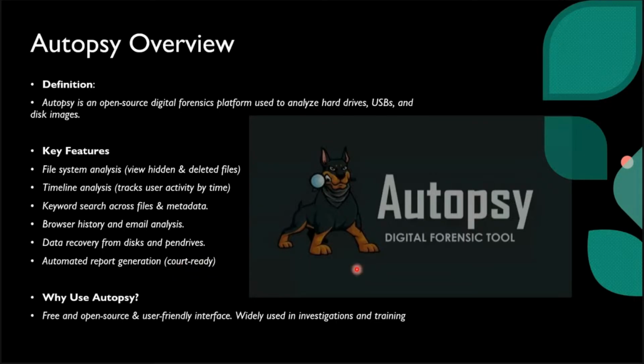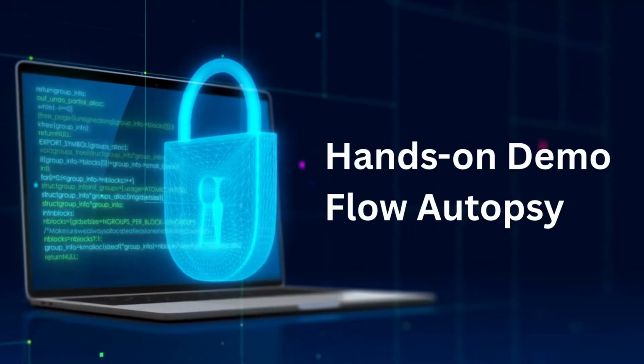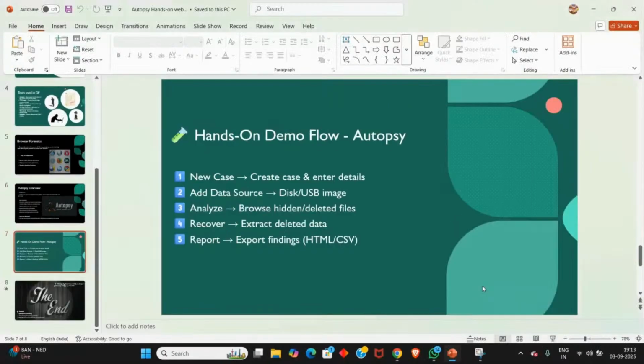So now we are going to see how to download Autopsy and how to work with it. It is the hands-on demo flow. We'll get back to the slide after seeing how to download.